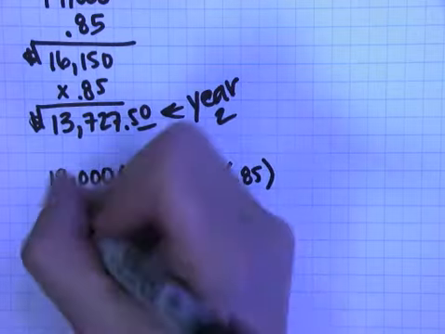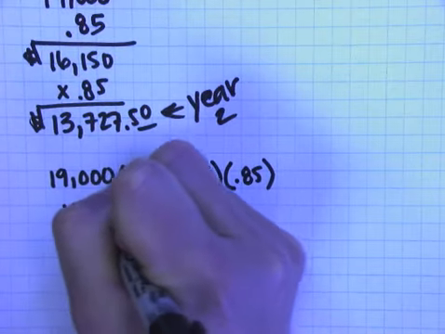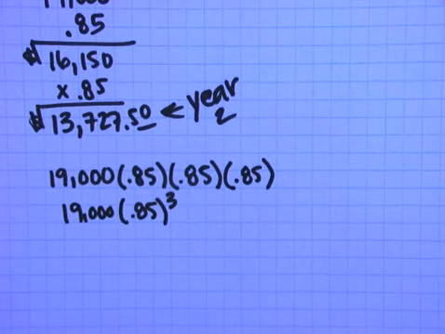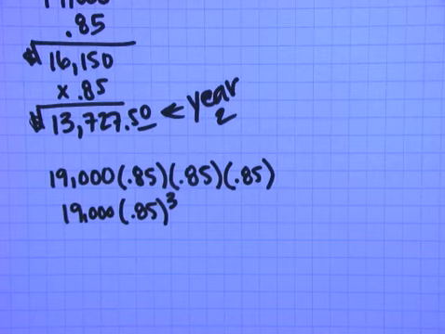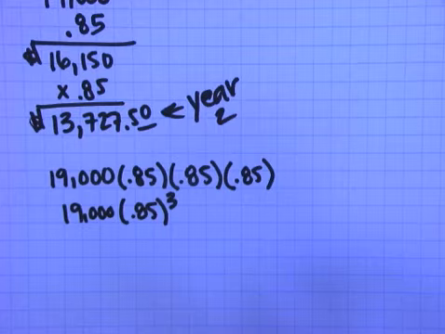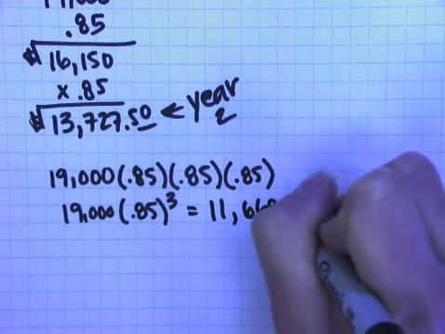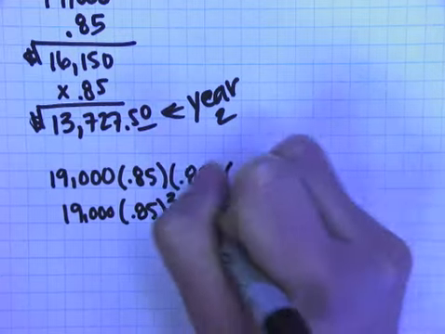For instance, this would be 19,000 times 0.85 to the third power, and this would tell me how much my car would be worth after 3 years, which would be $11,668.38. Okay, this would be year 3.